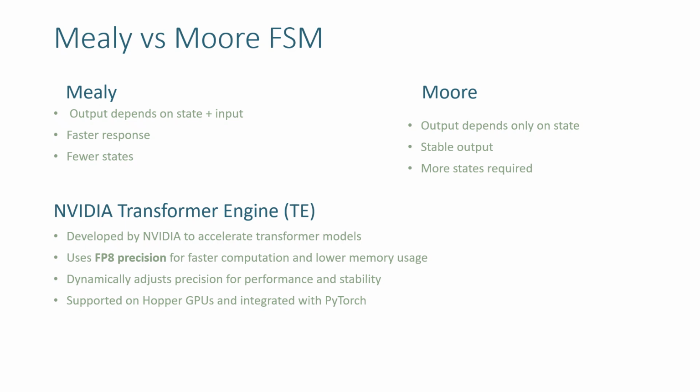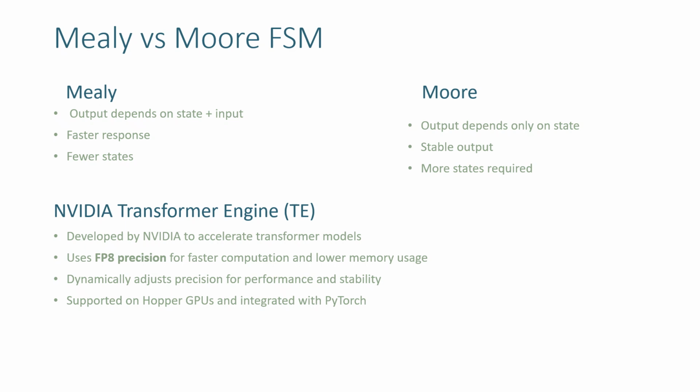I also studied about Transformer Engine, which is a high performance library developed by NVIDIA for transformer based AI models. It uses FP8 precision to significantly speed up computation while reducing the memory usage. At the same time, it also maintains the model accuracy by dynamically adjusting the precision whenever it is required.